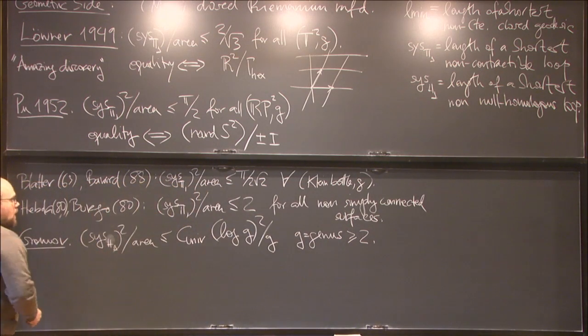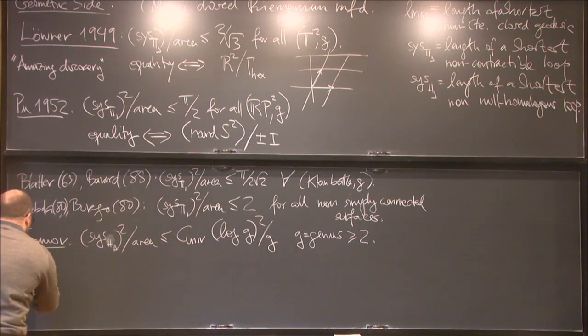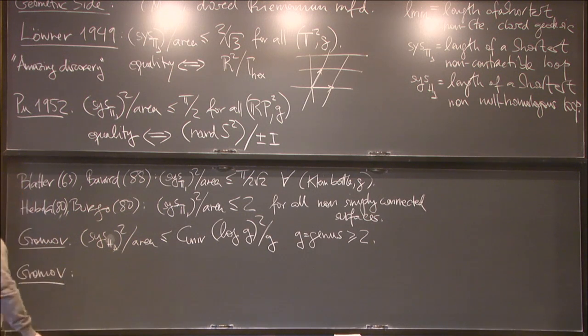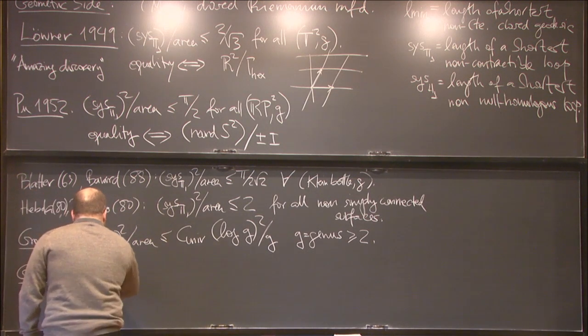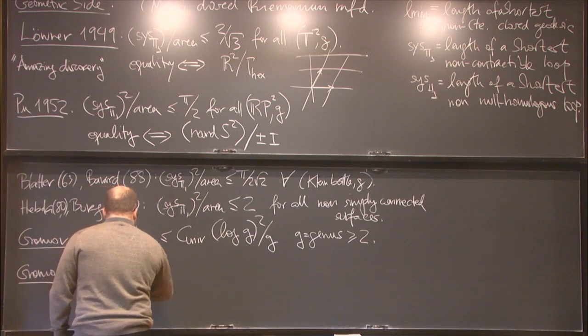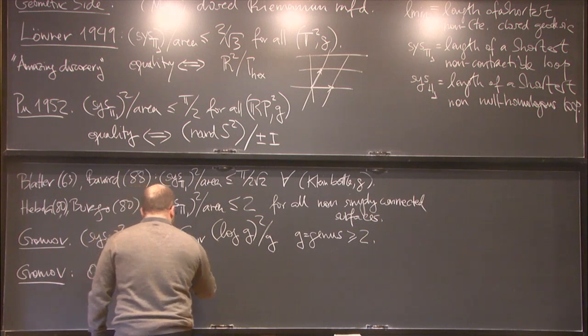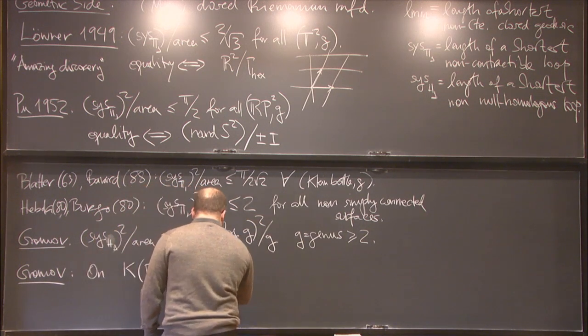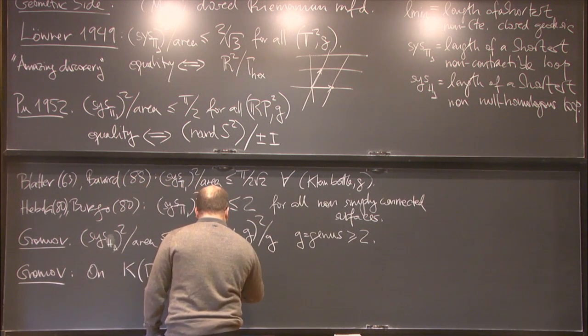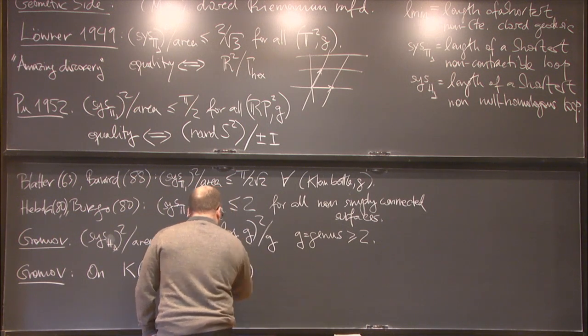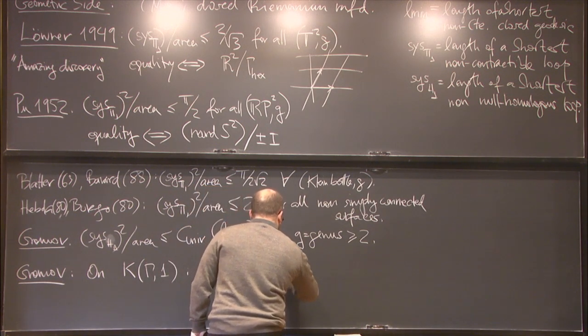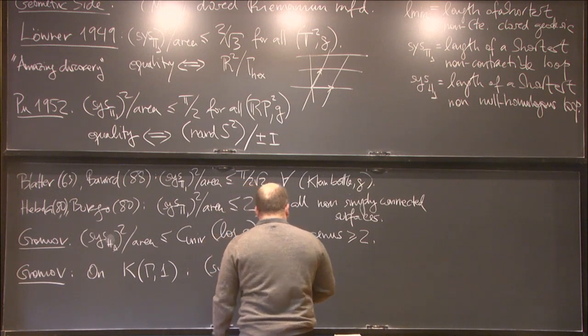And then in the early 80s, Gromov obtained a very nice, very strong result for all dimensions, where he proved that on Eilenberg-MacLane classifying spaces one has an inequality of the following form.